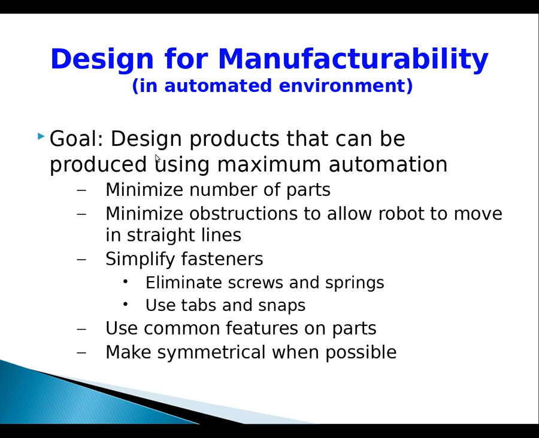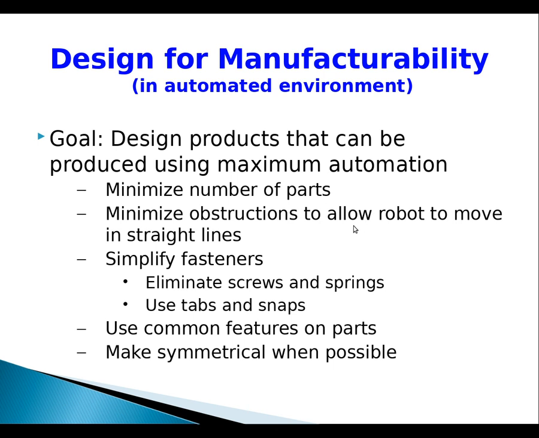So the goal when we're designing products is to do it in such a way that we can maximize automation. So we want to try to minimize the number of parts, minimize obstructions so that the robot can get in where it needs to work on stuff.